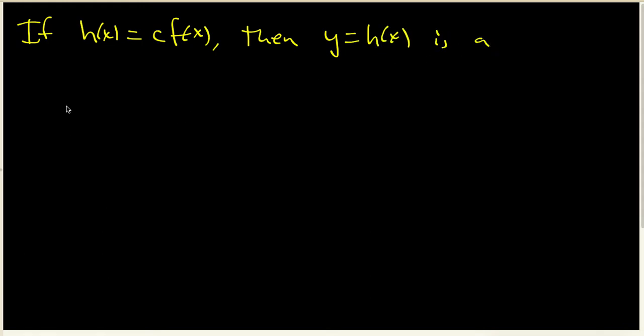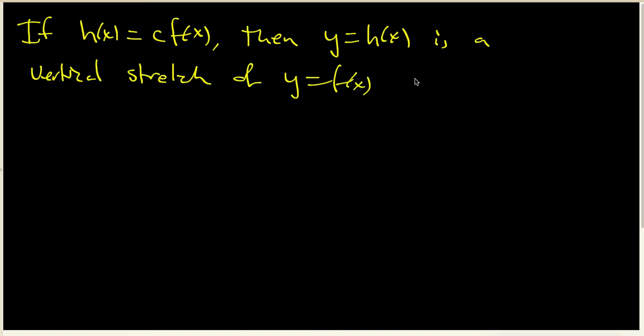So if h of x is equal to c times f of x, then we know that the graph y equals h of x is a vertical stretch of y equals f of x by a factor of c.